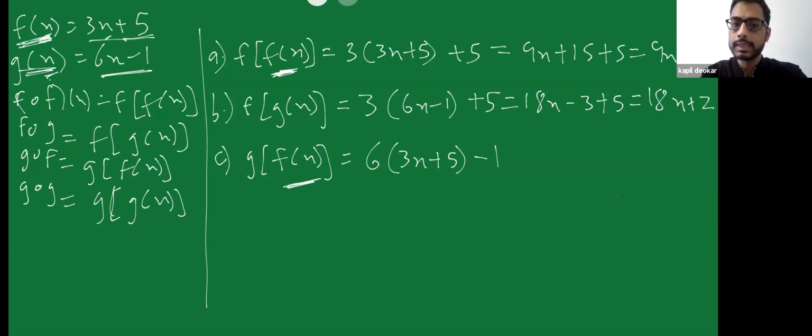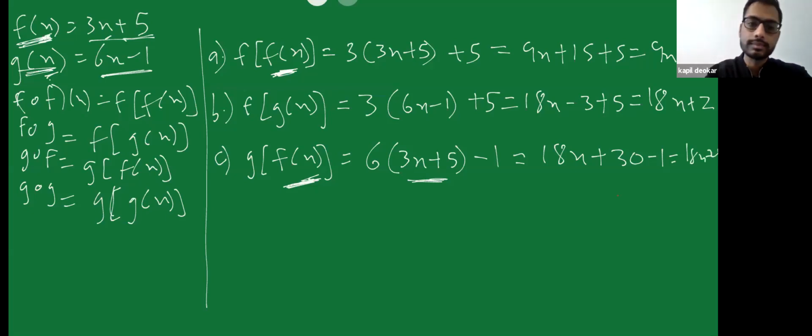I have just replaced x with this term, f of x. So that is equal to 6 3s are 18x plus 6 5s are 30, minus 1. So that is 18x plus 29. Sorry, plus 29.